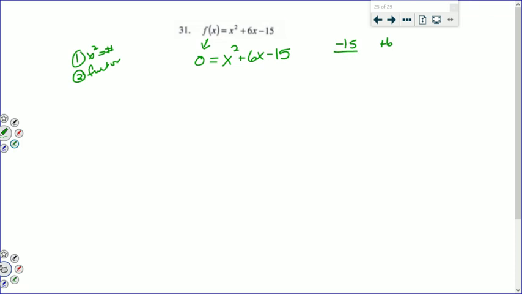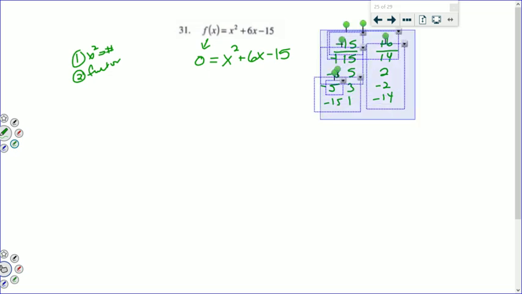All right, so we have negative 1 and 15, negative 3 and 5, negative 5 and 3, and then negative 15 and 1. So if we add these together, we get 14, 2, negative 2, and negative 14. None of those add up to be 6.